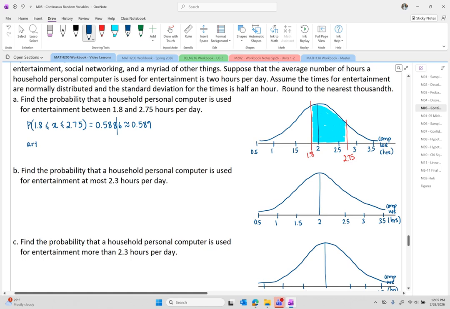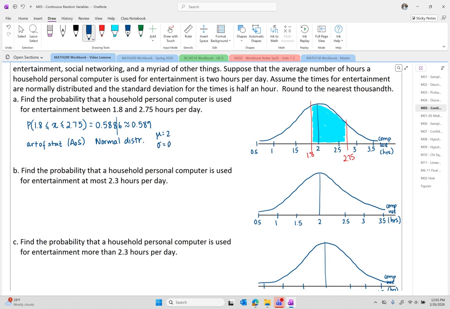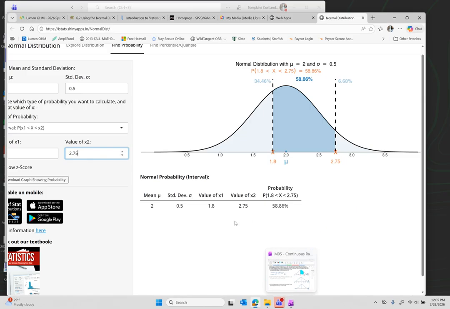And I will write in my test or in my exam or for my work that I used Art of Stat, and I will abbreviate that later in the notes as AOS. And then I will say that I used the normal distribution. I entered the mean to be 2. I entered the standard deviation to be 0.5. Notice here that these symbols are available.